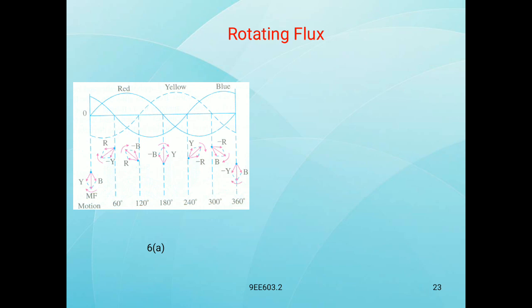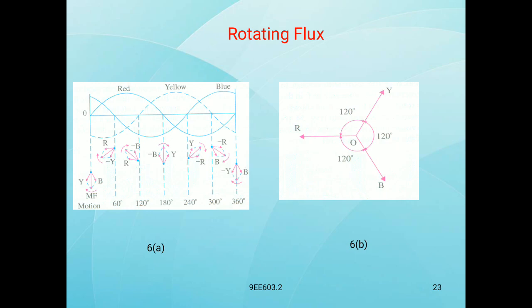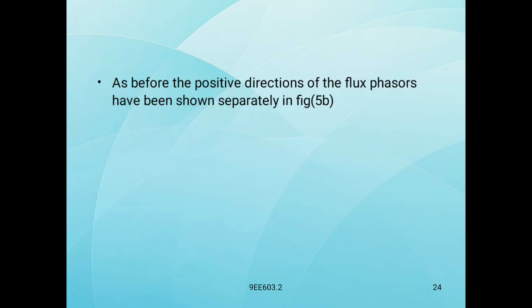The rotating magnetic field resultant is first downward, then it is moving to the right side, then it is on the y axis, then between the y and x axis, and it keeps moving to the right. The direction of the rotating flux is clockwise. Here we are observing the R, Y, B phases, and the phase difference is 120 degrees.